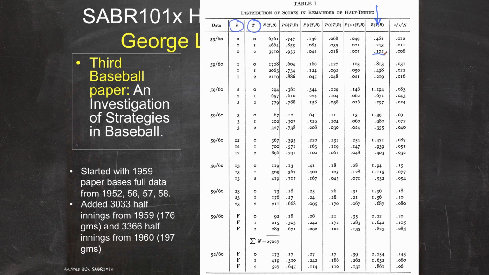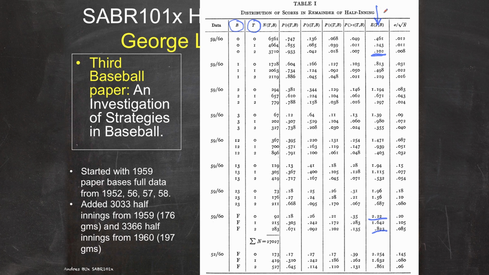You're not expected to score many runs in that situation. But if you're in the situation, bases loaded, no outs, your average expected runs goes to 2.22 runs. Okay? Bases loaded, 2 outs, you're expected to score .823 runs.